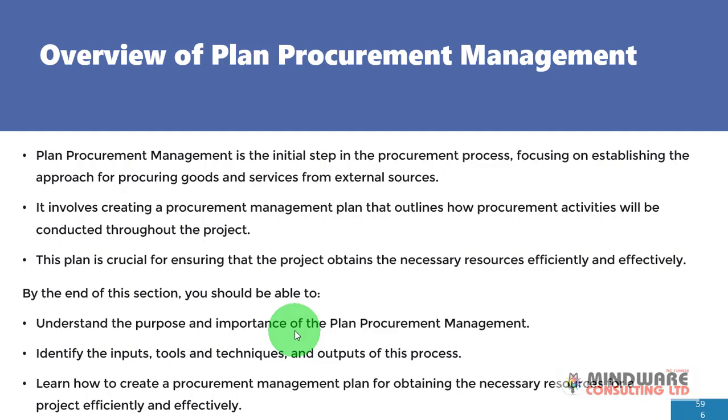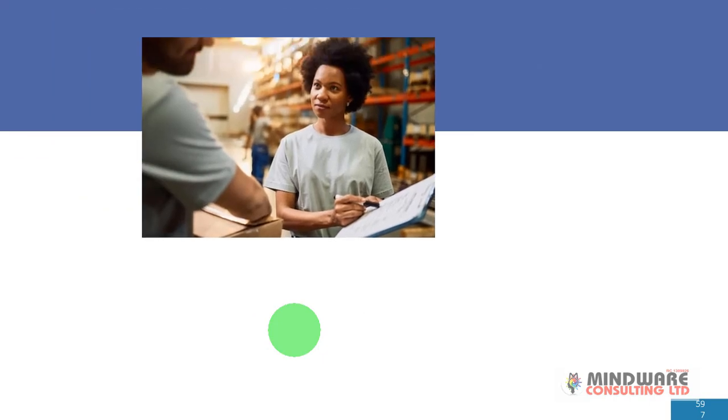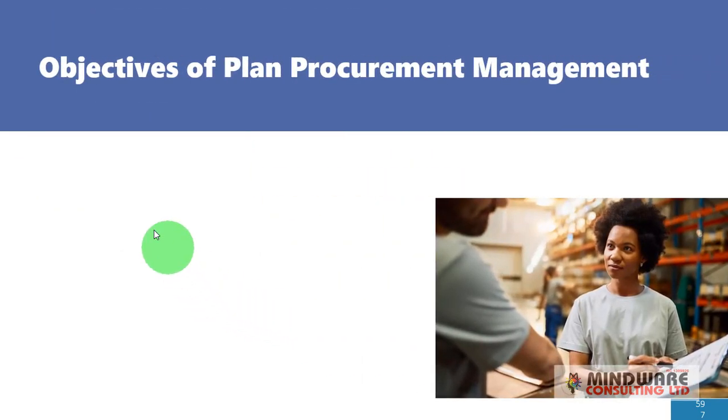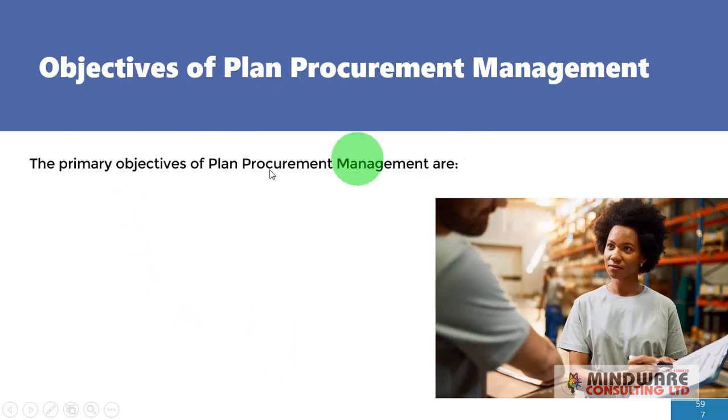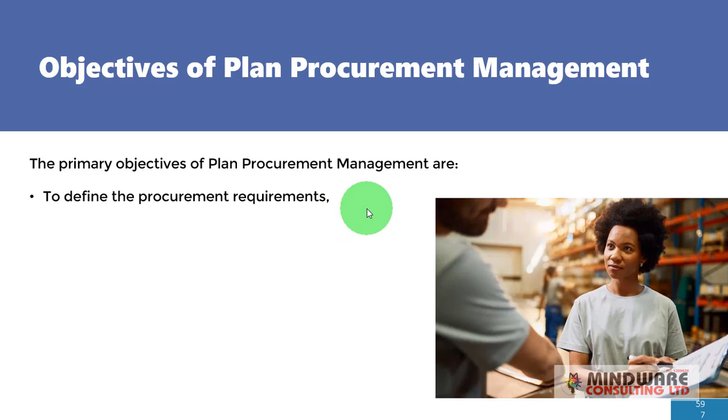Let's look at the objectives of this process. What are the objectives of plan procurement management? Firstly, the primary objectives include defining the procurement requirements. Here you're going to outline what is required in this procurement process, with everything stated very clearly.